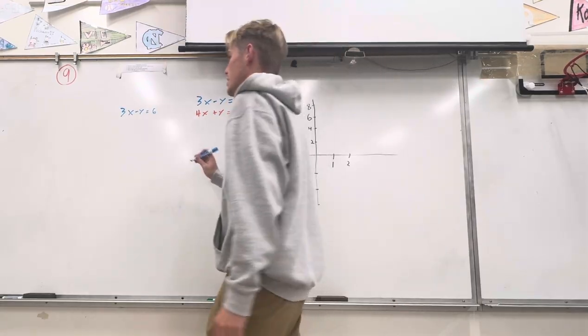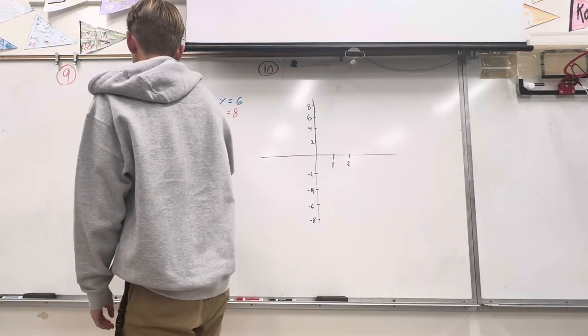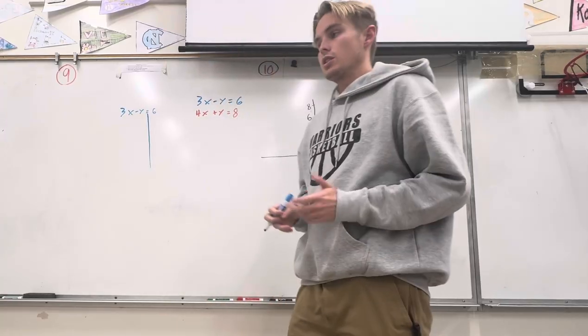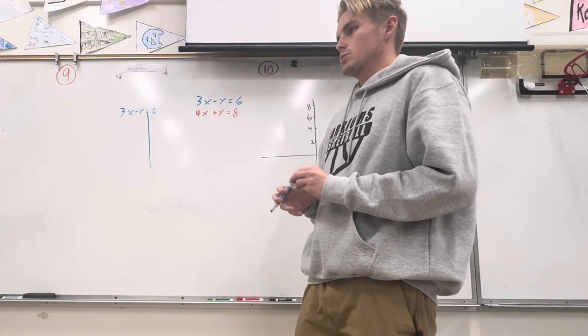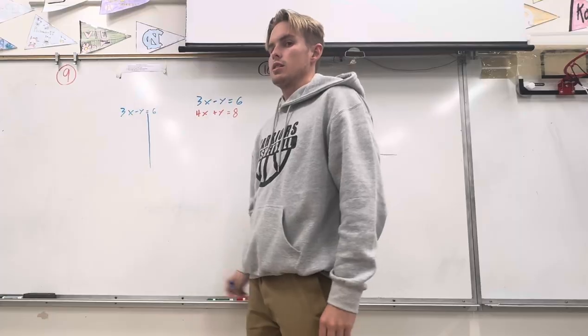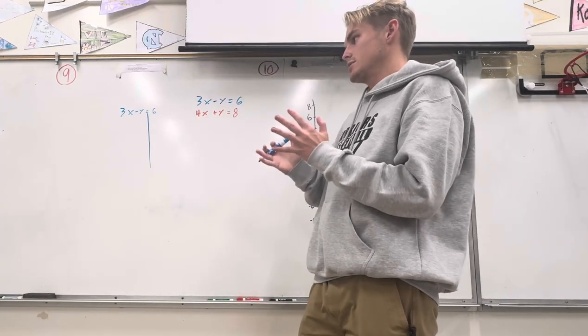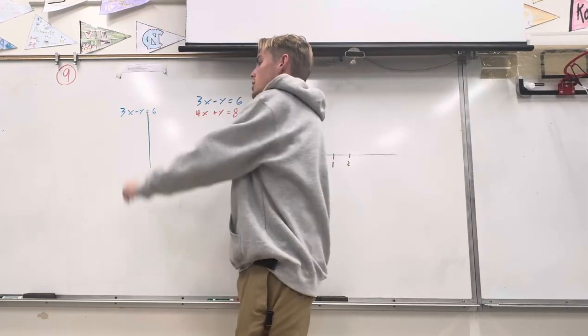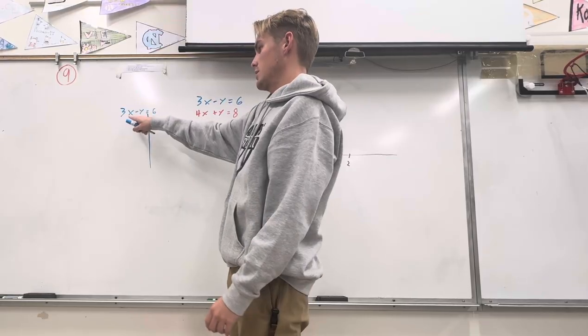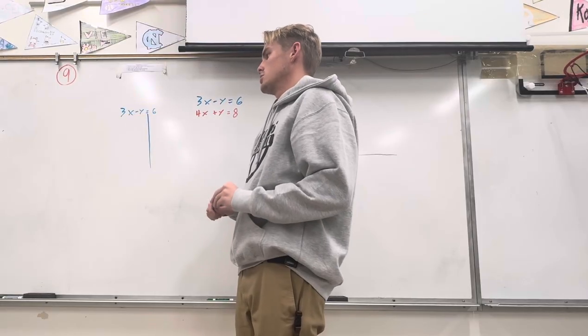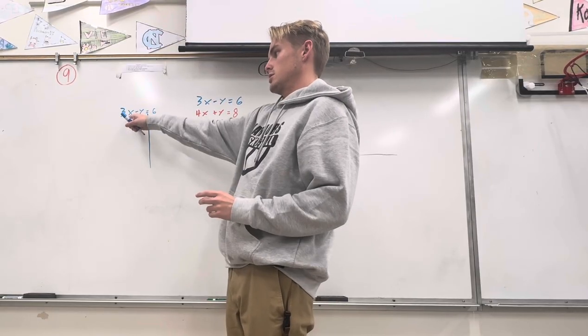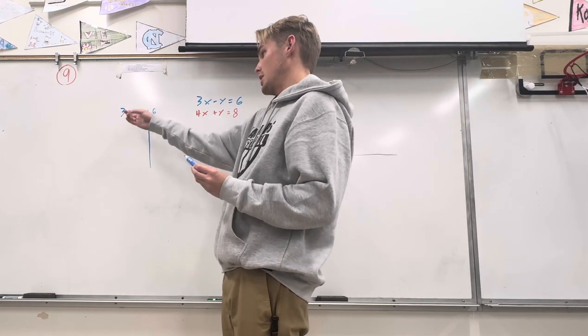To do that, we're going to have to use those inverse operations that we use when we're solving equations. In this case, we're just solving for y. So our goal is to get y by itself on the left side of this equal sign. So we have to get rid of this 3x and we have to get rid of this negative symbol. The first step is going to be getting rid of this 3x. How do we do that? We have a positive 3x.